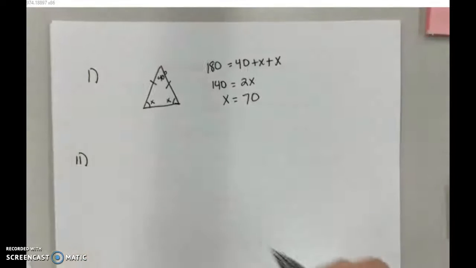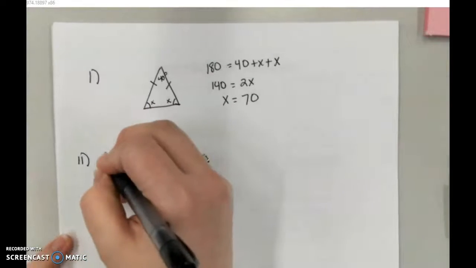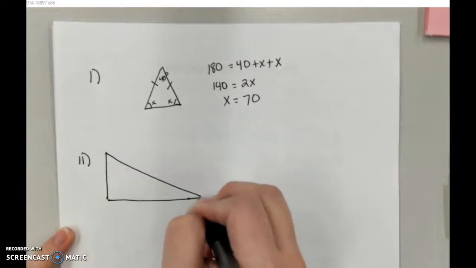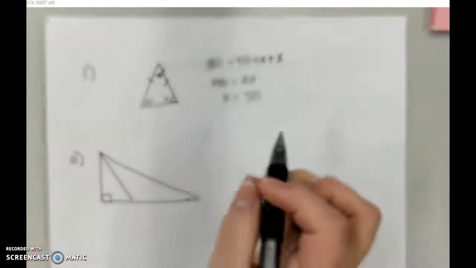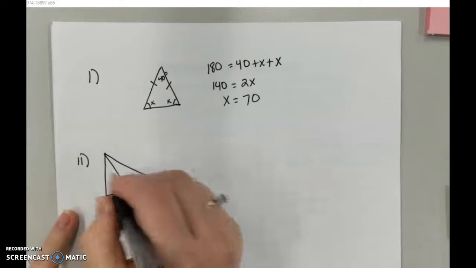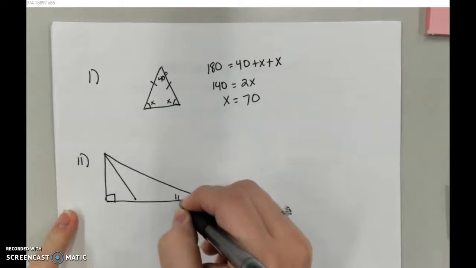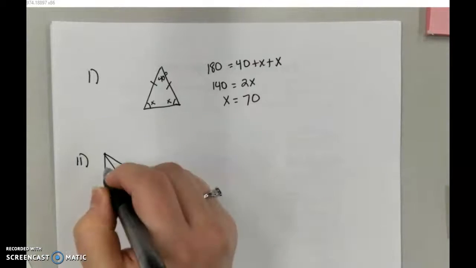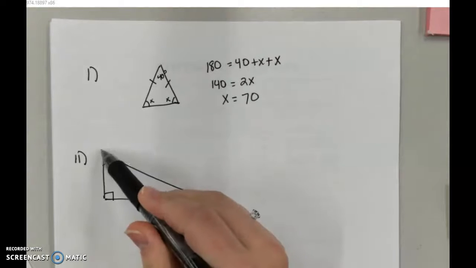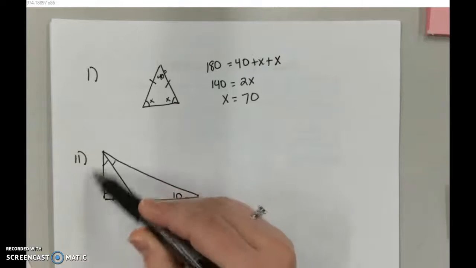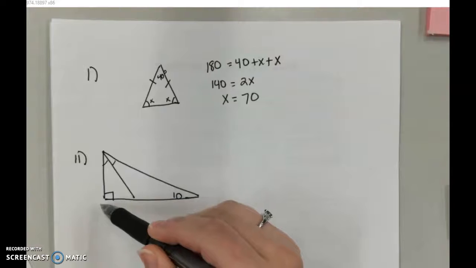And then looking at 11, let me draw this picture. So I'm told that this angle is 10 degrees, and then I'm told that this angle is bisected. So looking at first the largest triangle here, I know two of the angles.